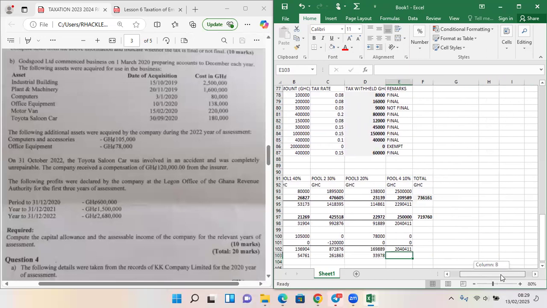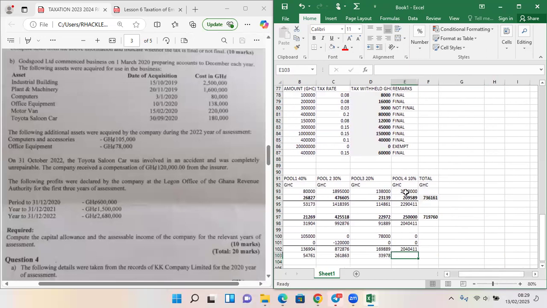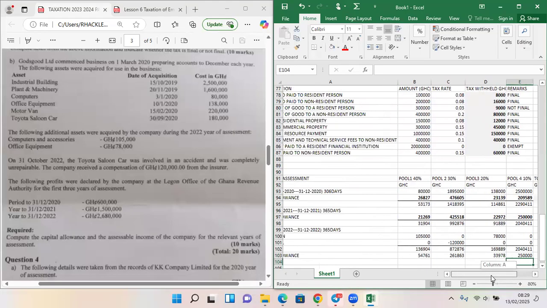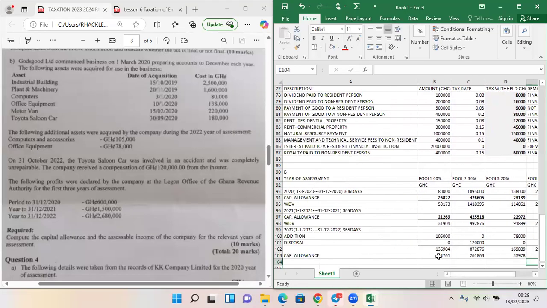Then remember that this will still be calculated at cost. So we got 0.1 times cost. And down value.